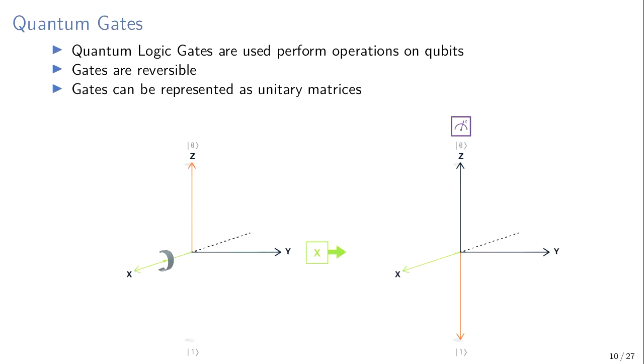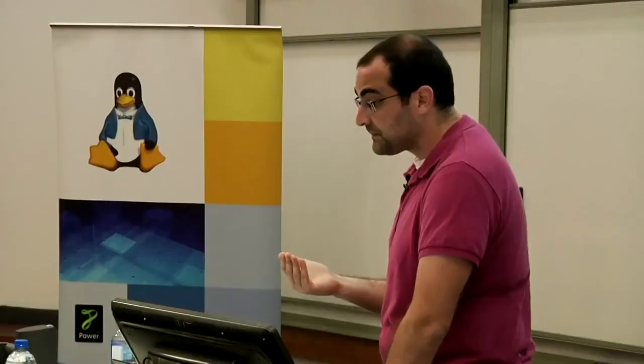And there are a lot of quantum gates out there. There are ones for all of the axes rotating over them. There are ones for arbitrary rotation over different axes. And we're really not going to get into all of the different gates that are out there.